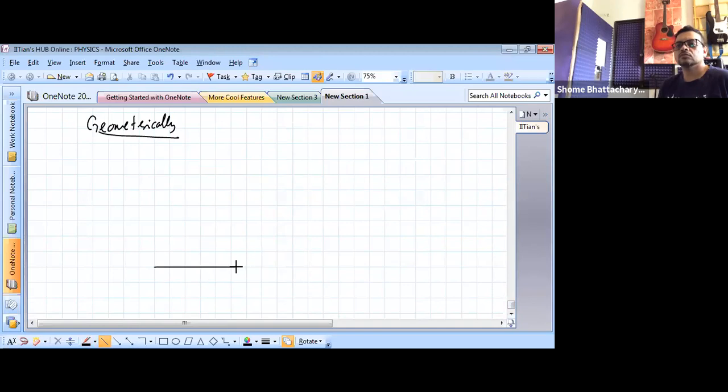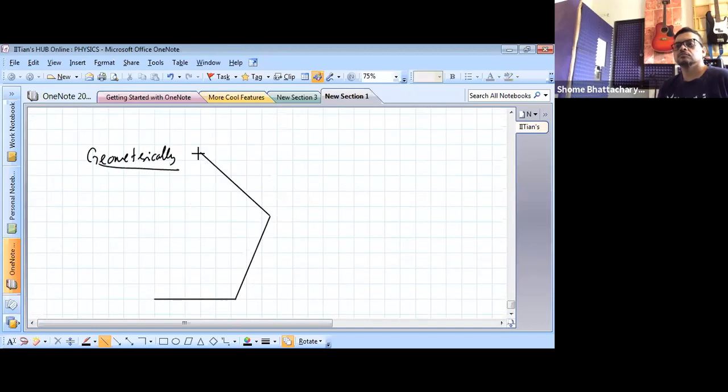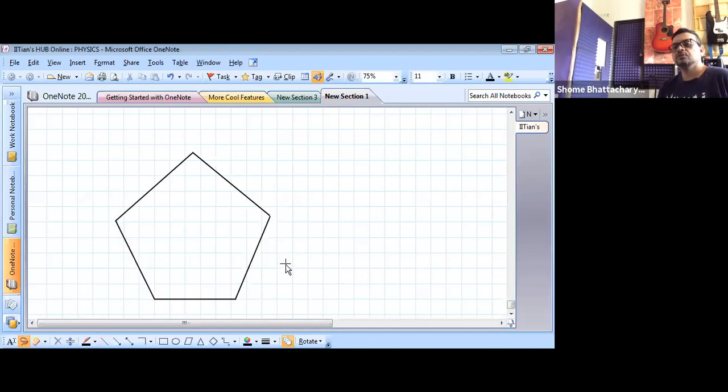If you draw a regular pentagon, you can try doing a better job than me of it, but anyway.